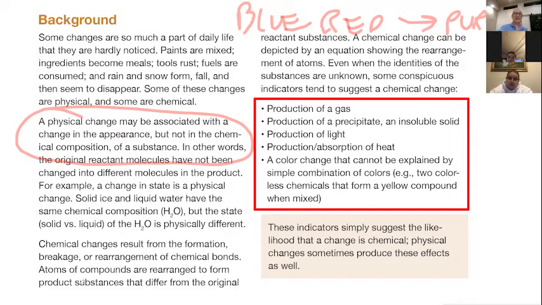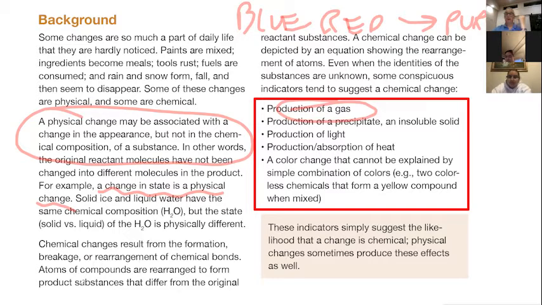So change in state is the most obvious one, just going from one phase to another. But the H2O in water and steam and ice is identical. It's all H2O. There's no difference in it chemically at all. But when a chemical change happens, there are a number of things to look for, as in it produces something. The most obvious is it produces a gas.